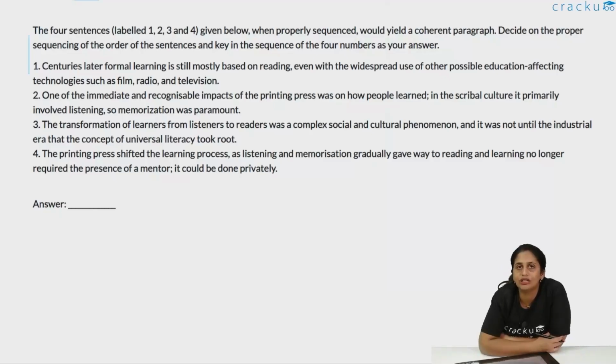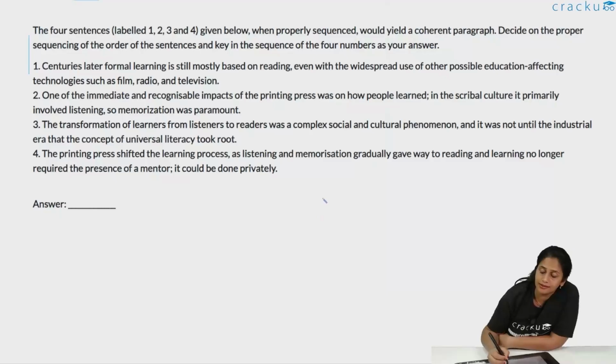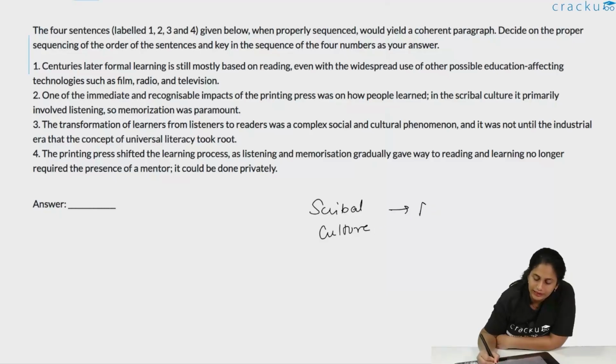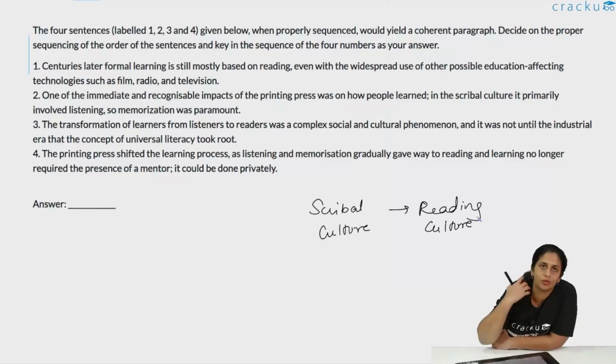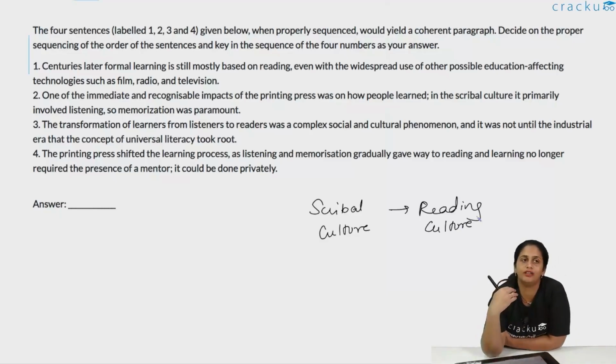So if you can see all the sentences, it is talking about a shift. What is this shift? It is the shift from the scribal culture to the reading culture. So what is the scribal culture? That is basically one person tells you, it's oral history, somebody who is the mentor will teach you, like you had the Guru Shishya Parampara, one tells you, the other person listens and memorizes, and it requires a mentor.